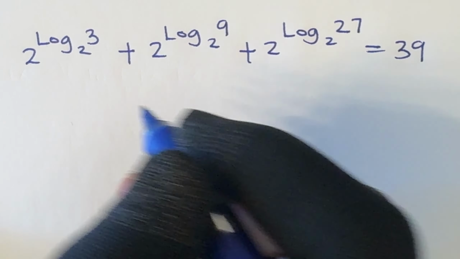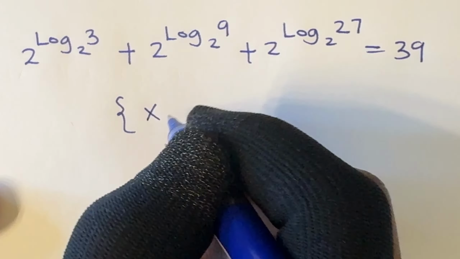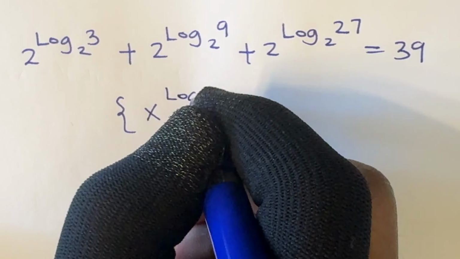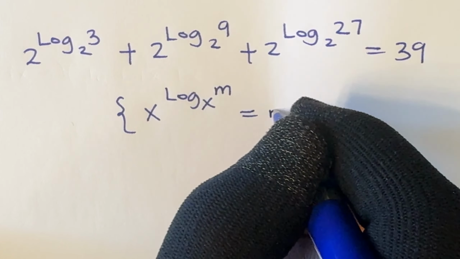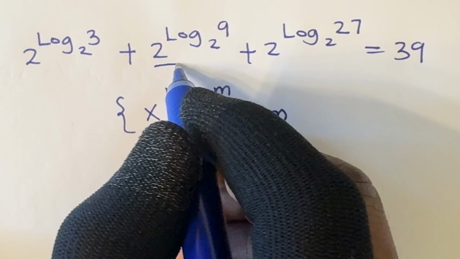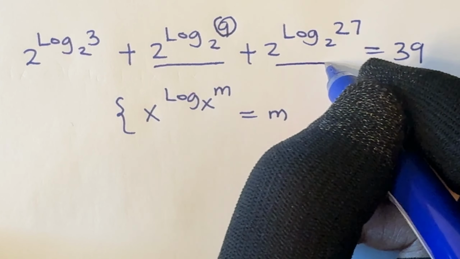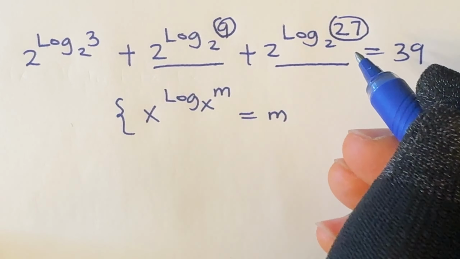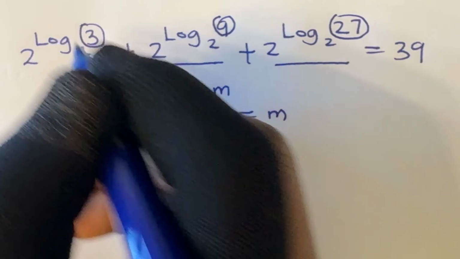At this point, we can apply this law of logarithm. X raised to power log m base x will give us m. So this expression right here will give us 9. And this expression right here will give us 27. And when put together, this expression also will give us 3.